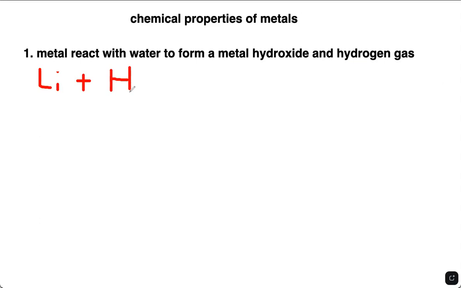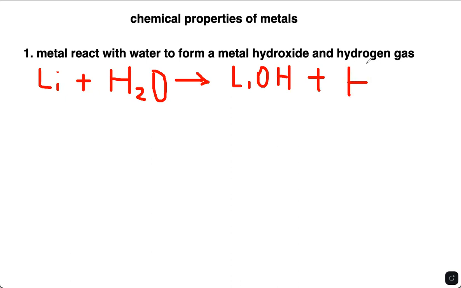The only difference between cold water and hot water is steam, and therefore the state symbol is gas. Lithium hydroxide is produced alongside hydrogen gas, whose number of atoms can be taken care of by balancing. So you put a 2 here, a 2 here, and definitely a 2 here. This is what we are saying.